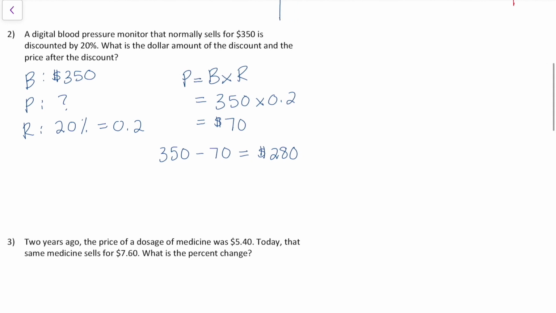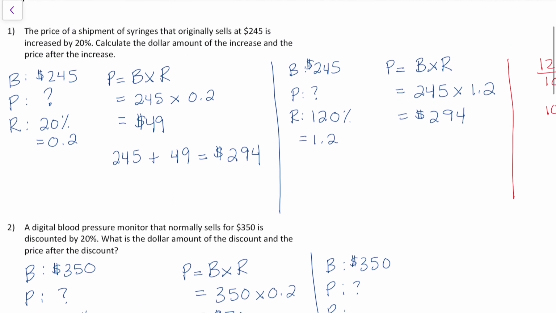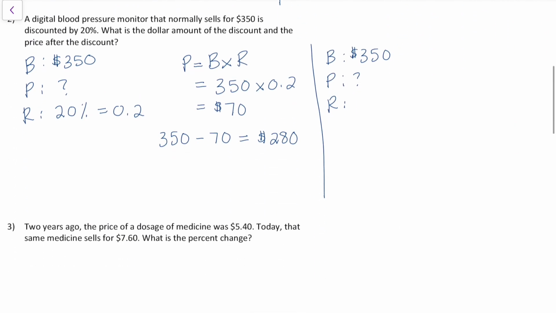If I wanted to get right to the price after the discount without having to find the dollar amount and subtracting, again, I can get creative with my rates. So I have $350 as the original price, and I want to know the price after the discount. Well, what percentage is that portion going to represent? How much are they paying? In the last one, they were paying 120% because it was increased by 20%.